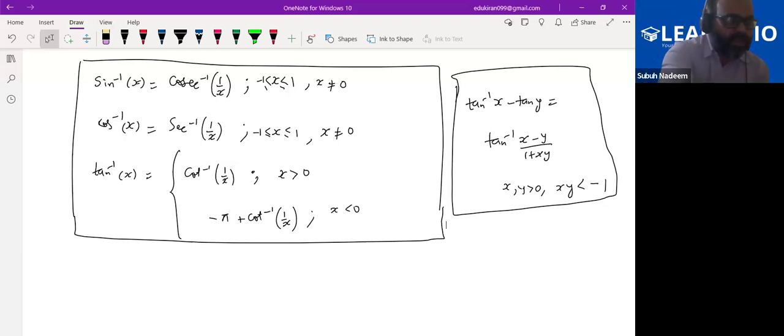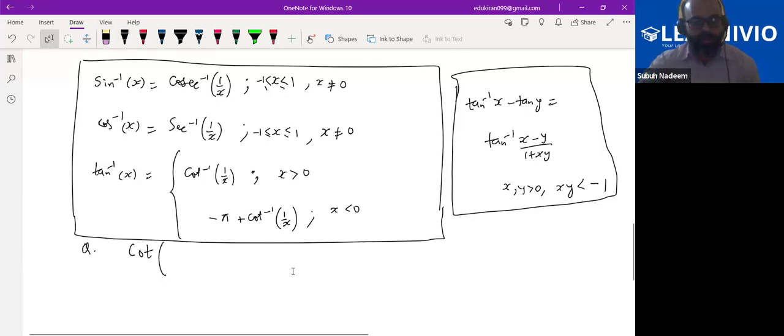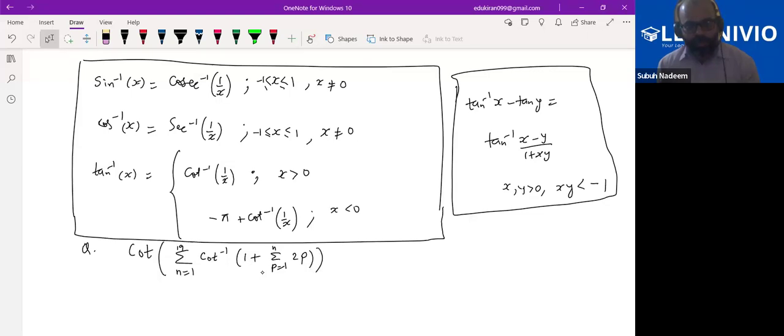So now let us see a question. We have to find the value of cot of sigma n equal to 1 to 19, cot inverse of 1 plus sigma p equal to 1 to n of 2p, and you have to find the answer.